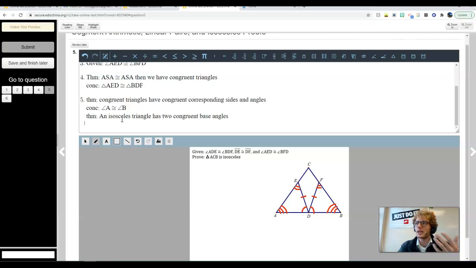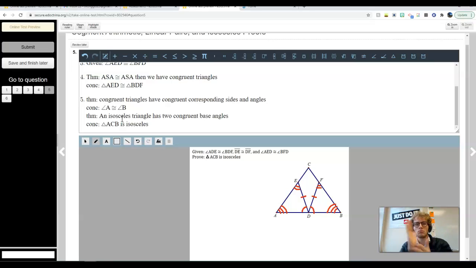You can kind of re-engineer the isosceles triangle theorem that's on the definitions sheet to say that, but we're pretty much there. And you don't need to say that it has two congruent sides as well, just because we just want to prove that it's isosceles. So our conclusion here is that triangle ACB is isosceles.